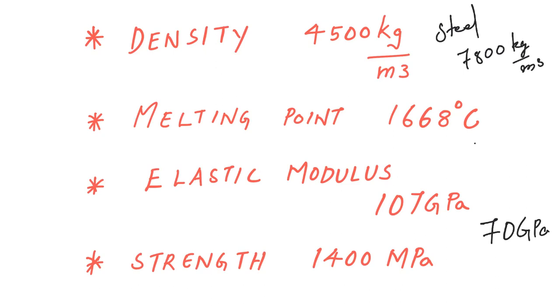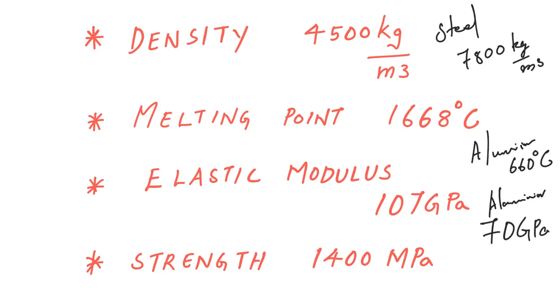And the melting point of aluminum, this is also for aluminum, this is Young's modulus. The melting point for aluminum was also around 660 degrees Celsius.